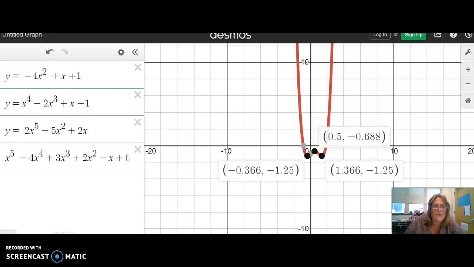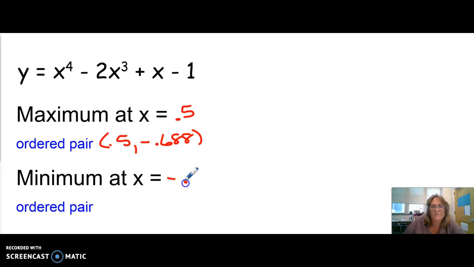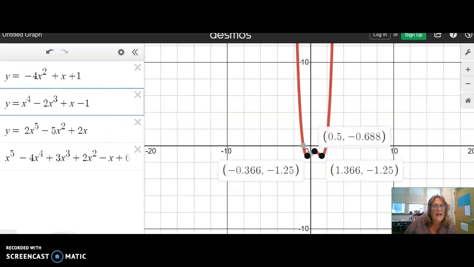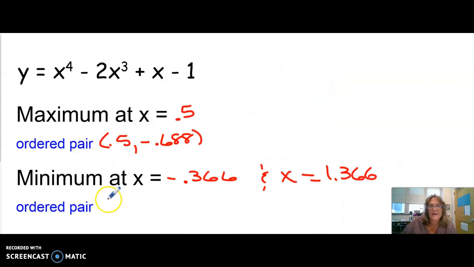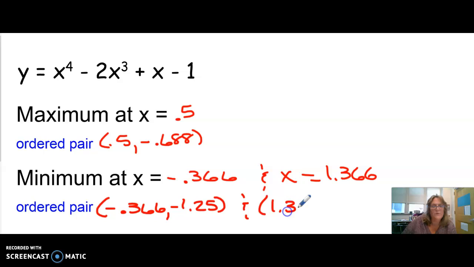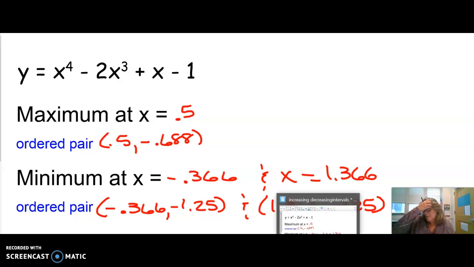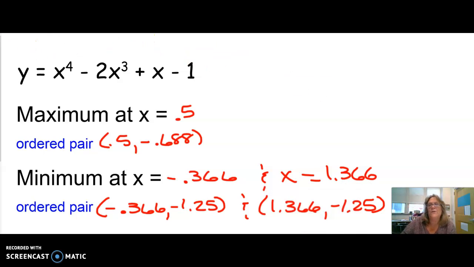One is at x = -0.366, and then I have another one at x = 1.366. My ordered pairs for them would be (-0.366, -1.25) and (1.366, -1.25). So I've got two minimums in that particular graph.